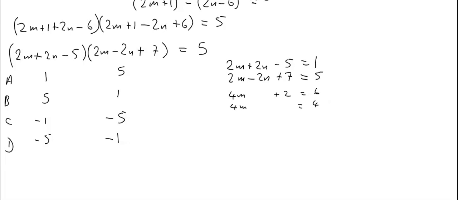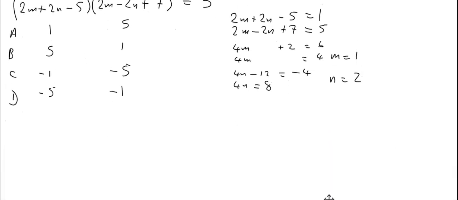Subtract 2 from both sides, and m equals 1. If I subtract those equations, I get 4n minus 12 equals minus 4. I add 12 to both sides, and I get n equals 2, and that is my first set of answers.